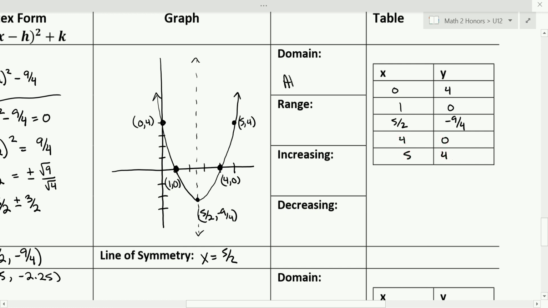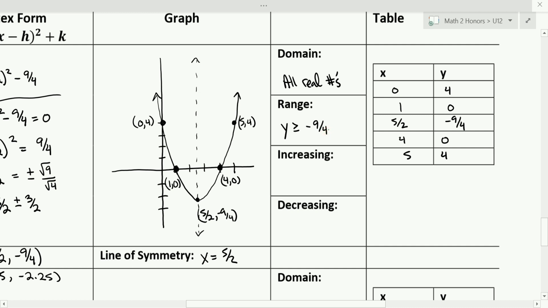Domain, all real numbers. The range, Francia, what's the range going to be? Good.